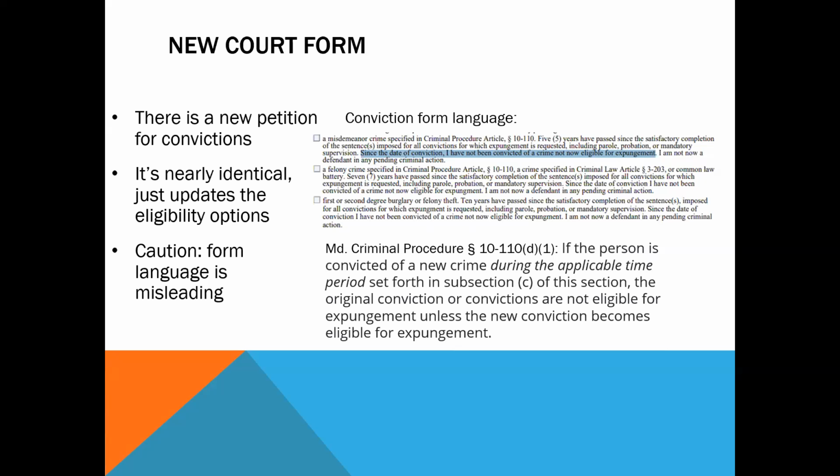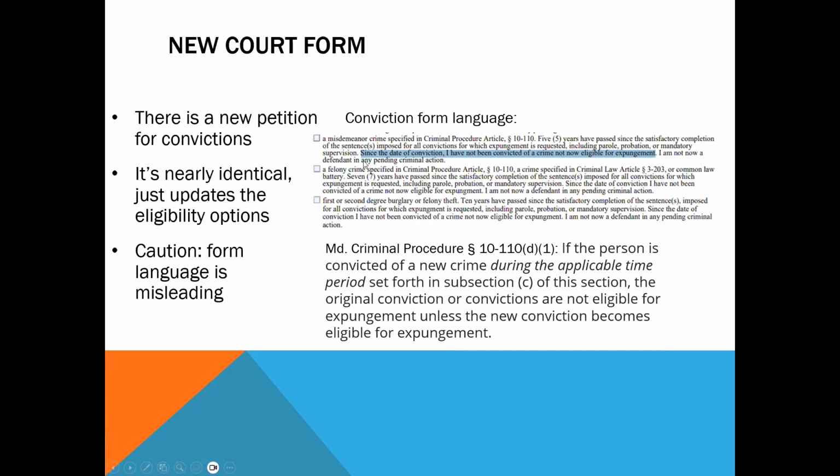But I really like to note that the court form language is very misleading and, in fact, incorrect. The 3 check boxes are really just a long-winded way of saying the 5-year, 7-year, and 10-year waiting periods have passed for the applicable offenses.